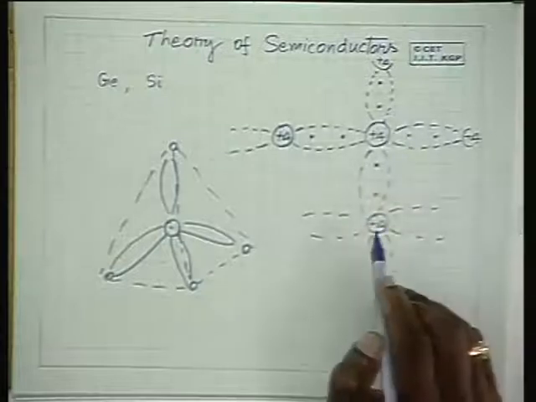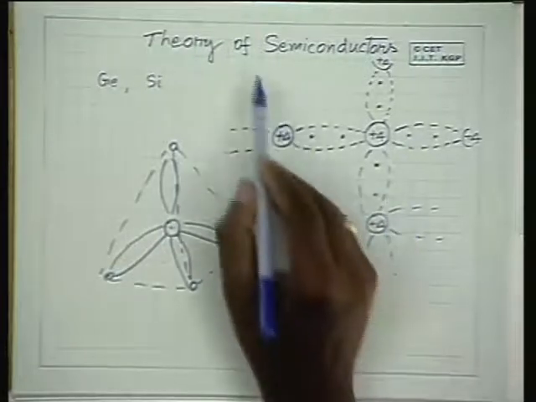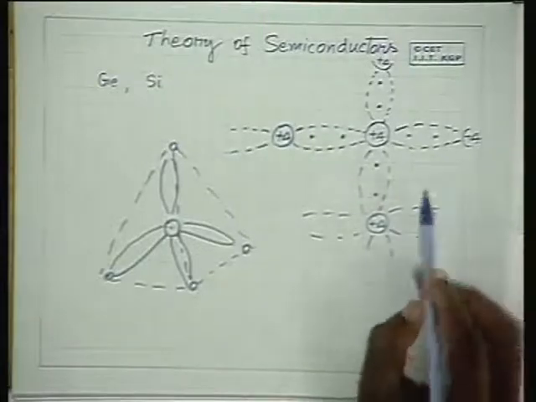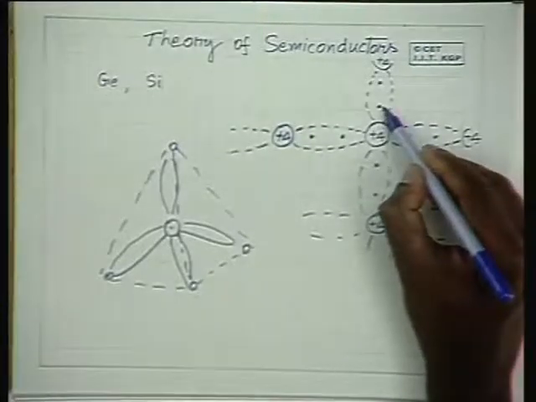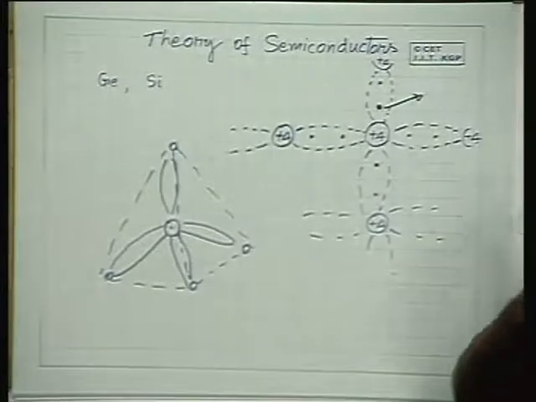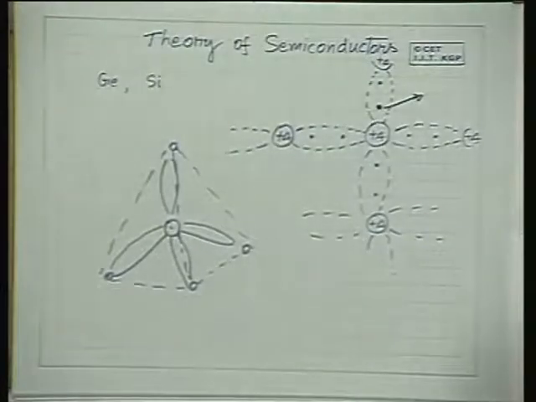This material acts like an insulating material, because if you apply some small field and that small field is not sufficient for an electron to dislodge itself from the covalent bond, it is not free for moving because it is already within the covalent bond.